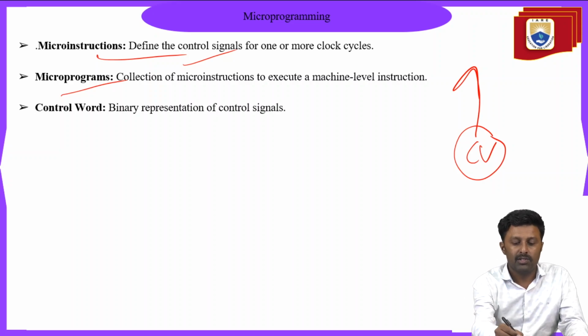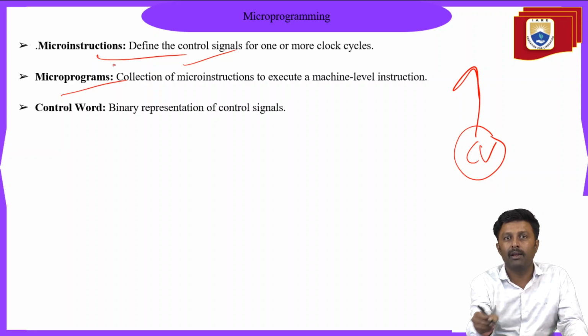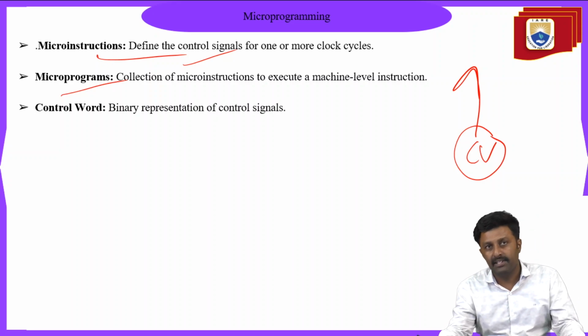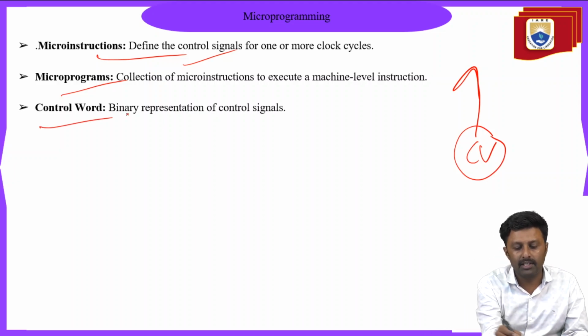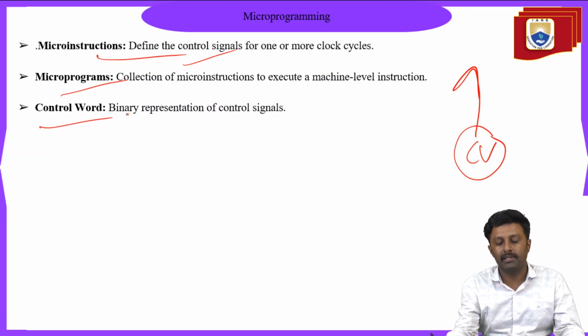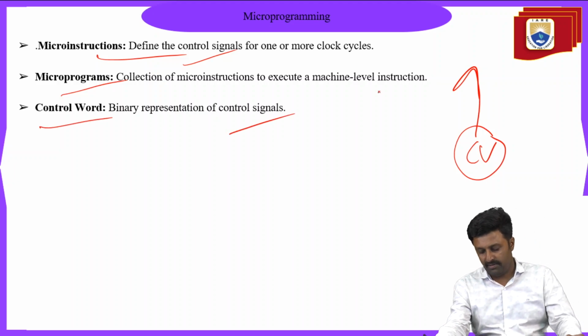So a micro instruction is one instruction and a microprogram is the collection of instructions. Then we have the control word, which is a binary representation of the control signals.